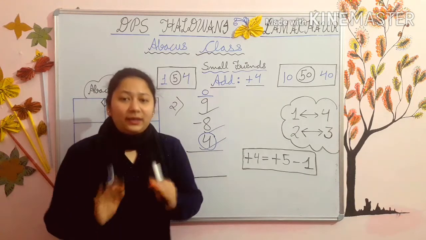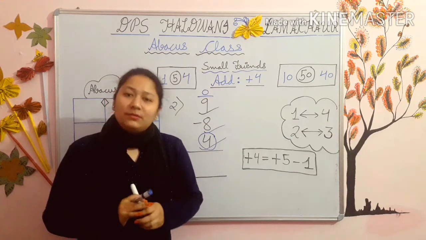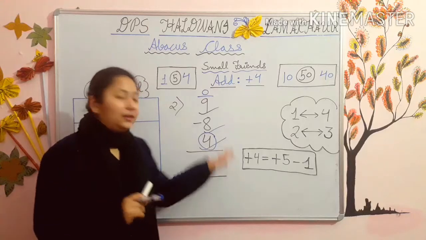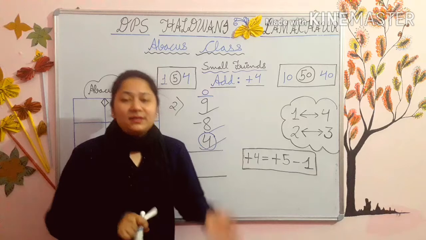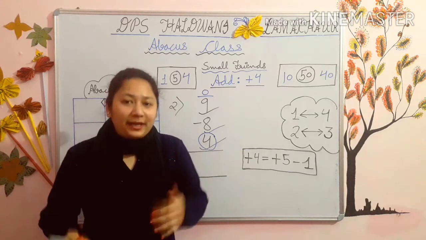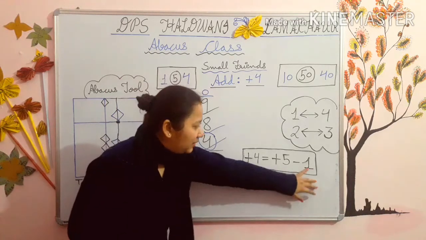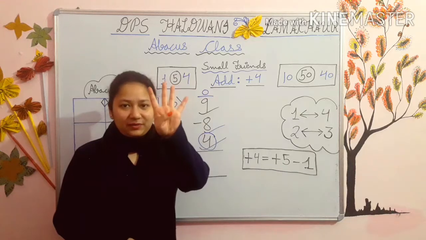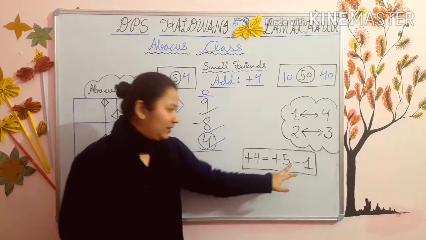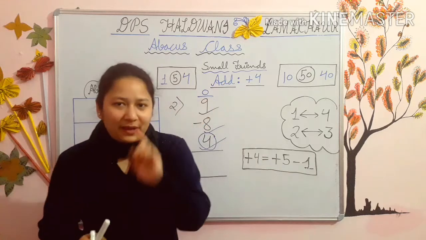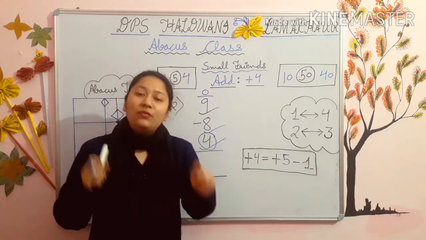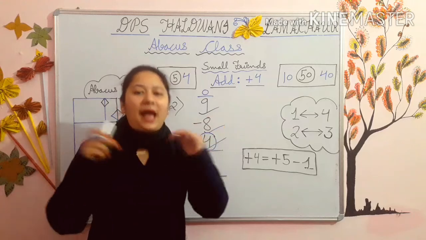Kids, don't get confused. Yes, some students are not getting this method because you are thinking that after adding 5 and subtracting 1, how 4 can add it. See, 5 minus 1 is 4. So, if you will add 5 and subtract 1, 4 will itself get added.